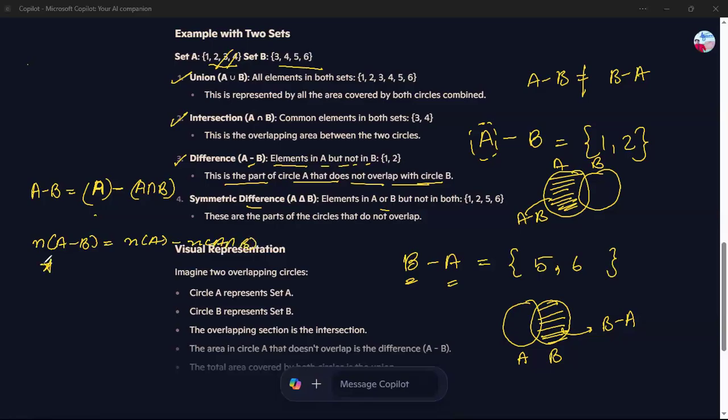This is a formula. You don't have to write it right now. Slides will be provided and it will be mentioned very clearly, but you just have to understand how it is formed. The cardinality of set A minus B is n of A minus n of A intersection B. Clear? Yes, sir. Yes.